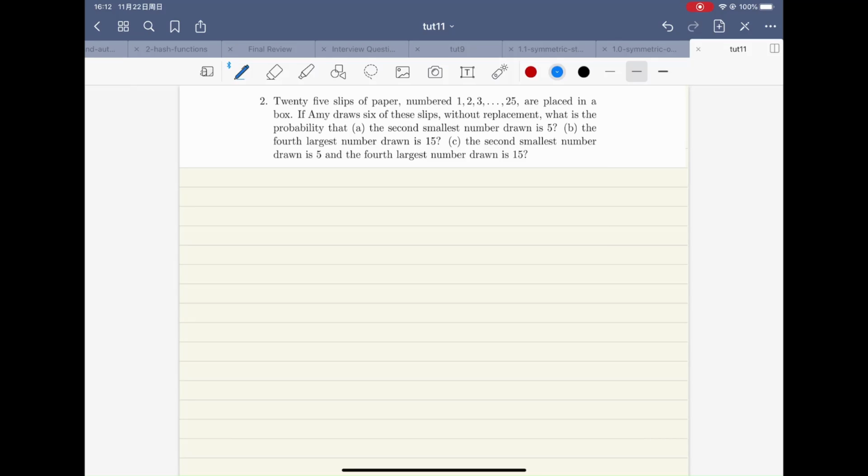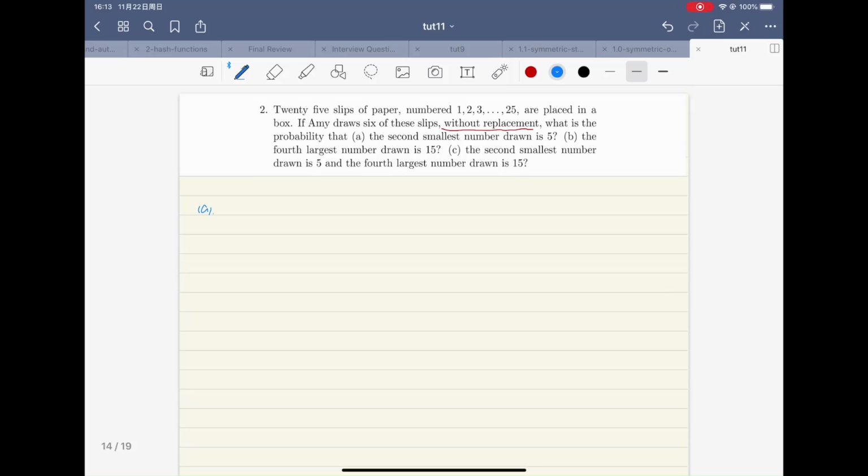If Amy draws 6 of these slips without replacement, what is the probability that A, the second smallest number drawn is 5, B, the fourth largest number drawn is 15, C, the second smallest number drawn is 5 and the fourth largest number drawn is 15. So first, assume the event that we draw the paper is A and the sample space is S.